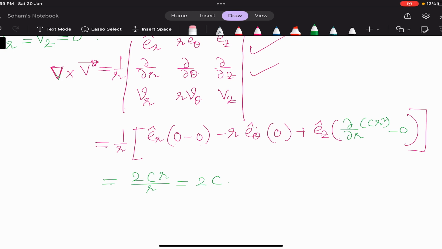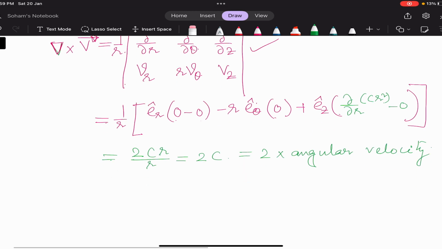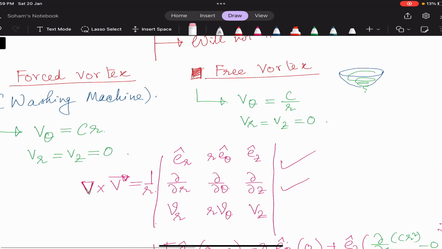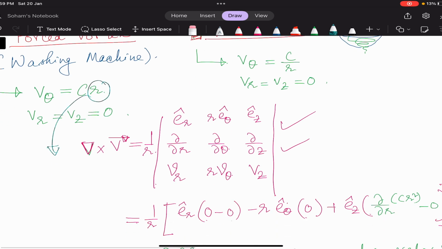So curl of v equals 2 into c, and in the previous video we have seen that it is nothing but 2 into the angular velocity. So this constant c is nothing but the angular velocity.